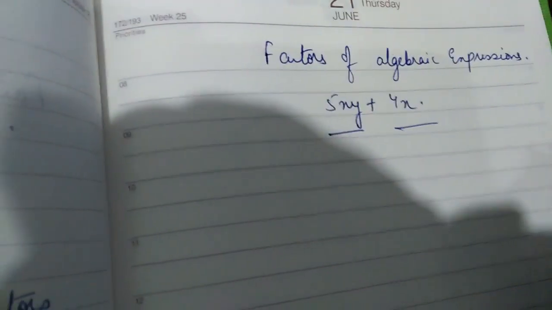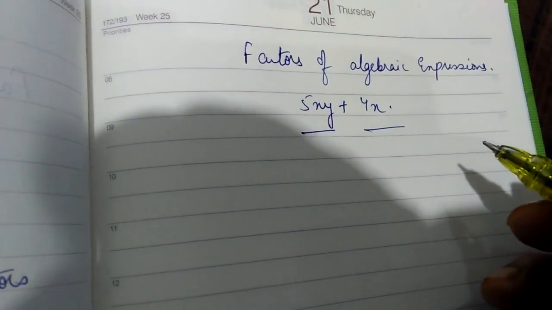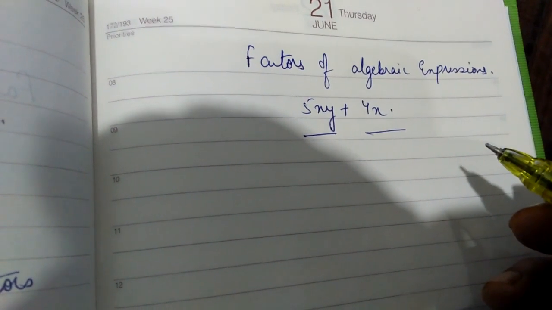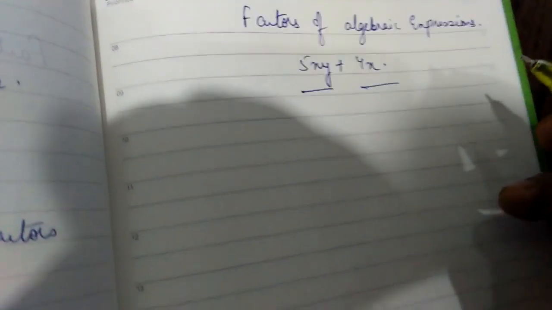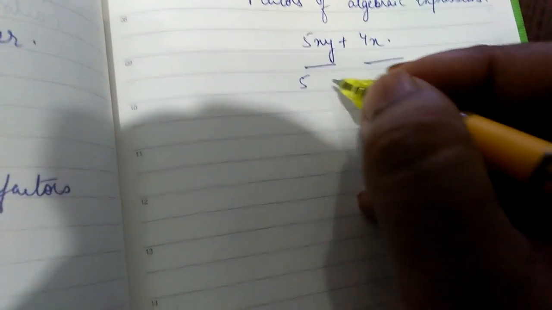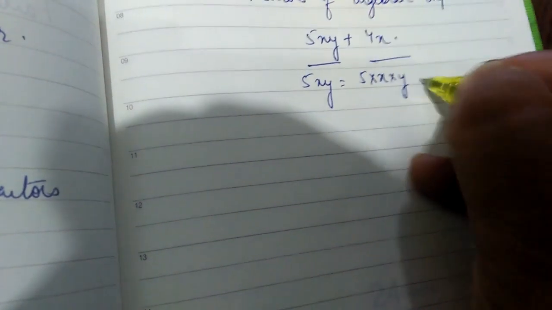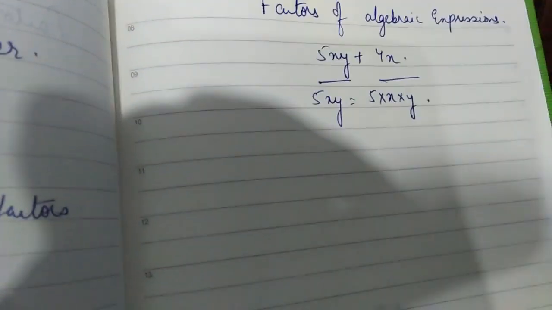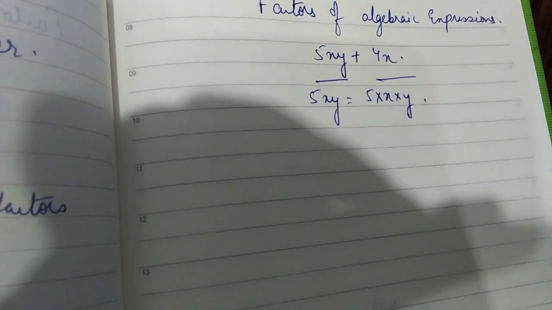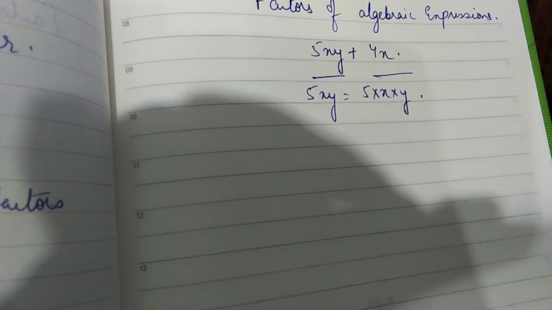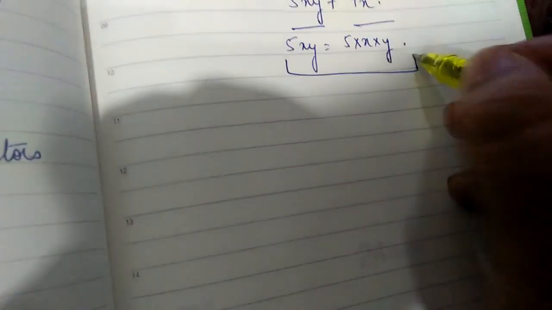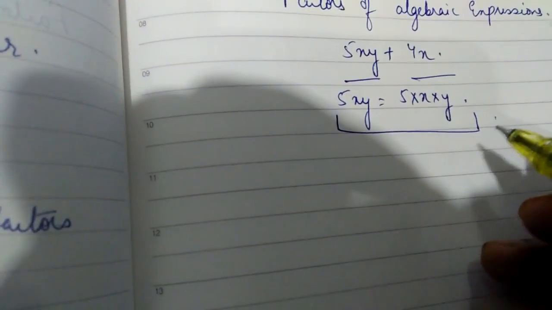So this particular expression has two terms, 5xy and 4x. So 5xy can be expressed as 5 into x into y. It cannot be split any further. So 5, x and y are the prime factors of this particular term. They cannot be split any further.